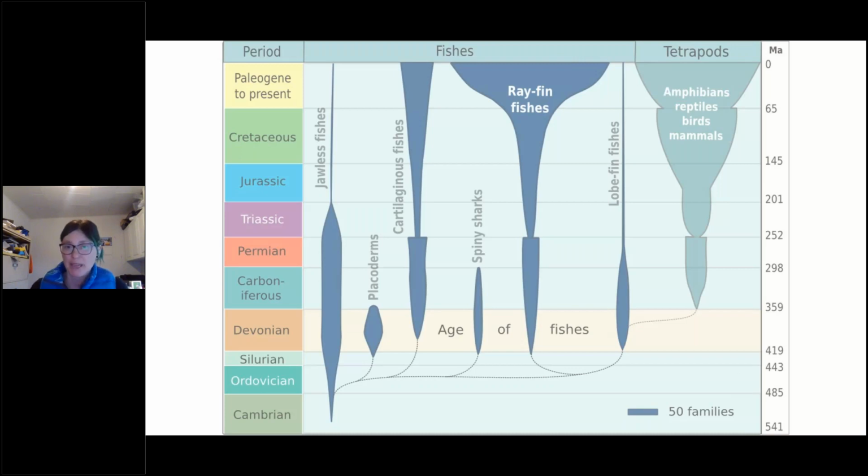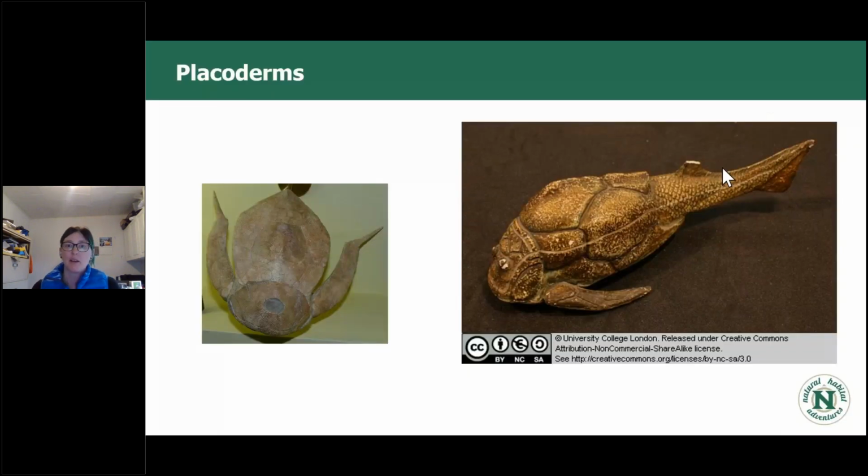And I want to show you some pictures of the placoderms because I think they are just some of the craziest things. As I mentioned, the placoderms are the armored fishes. So on the right-hand side here, this is an artist's representation of one of our armored fishes. And then on the left-hand side, we are looking at what is left for the fossil.